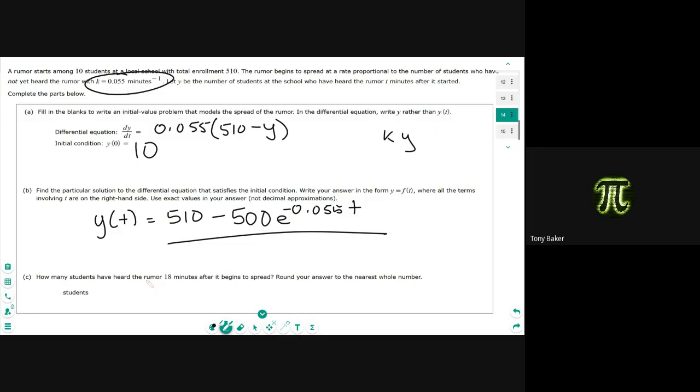So we take that, and then the last question just asks you to plug a number into it. So if we have 18, 510 minus 500 e to the negative 0.055t. So we have 324 students.